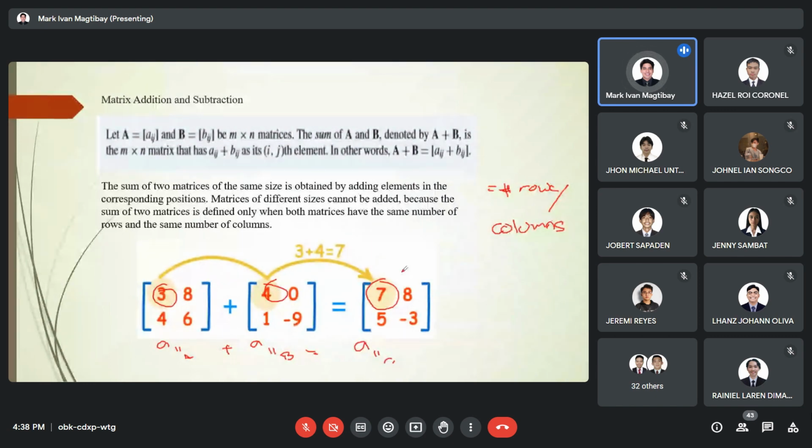Okay, so 3 plus 4 is 7, and then 8 plus 0 is 8. Okay, 4 plus 1 is 5, and then 6 plus negative 9 is negative 3 po.